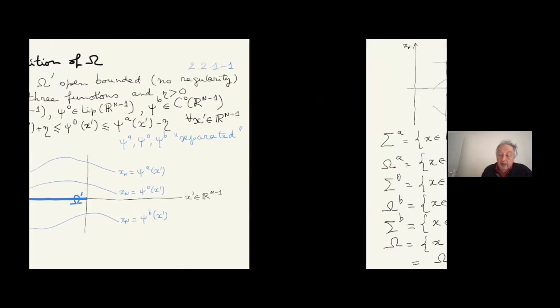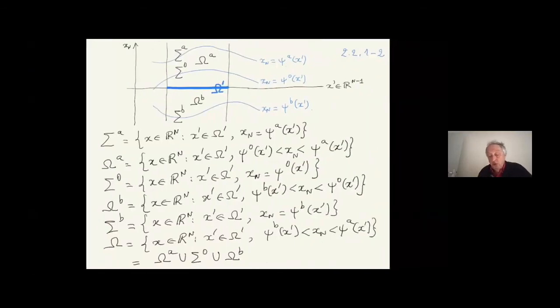And now I will introduce almost the last notation: omega A, sigma A, omega B, sigma B, and sigma 0. What are sigma A, sigma 0, and sigma B?